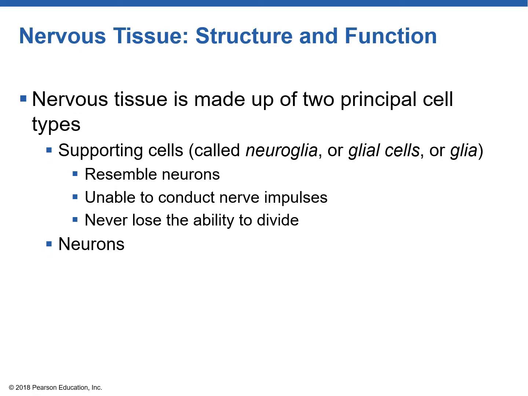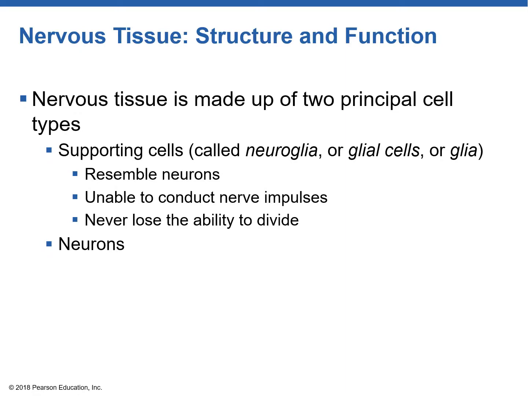There are also many different types of glial cells, so it really varies depending on which type of glial cell you're referring to. Glial cells are not able to conduct nerve impulses, so these are not the cells that are actually communicating. They do, however, serve various functions in support of neurons.